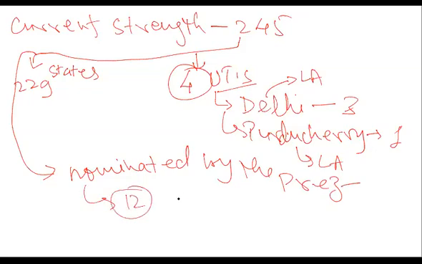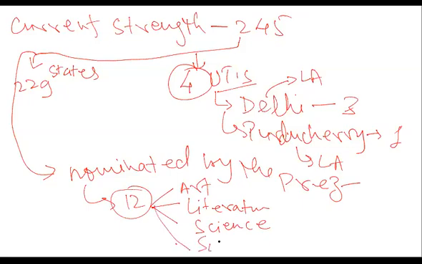The 12 members will be nominated by the president to the Rajya Sabha, and these 12 members will come from areas like art, literature, science, and social service. But there is a confusion.